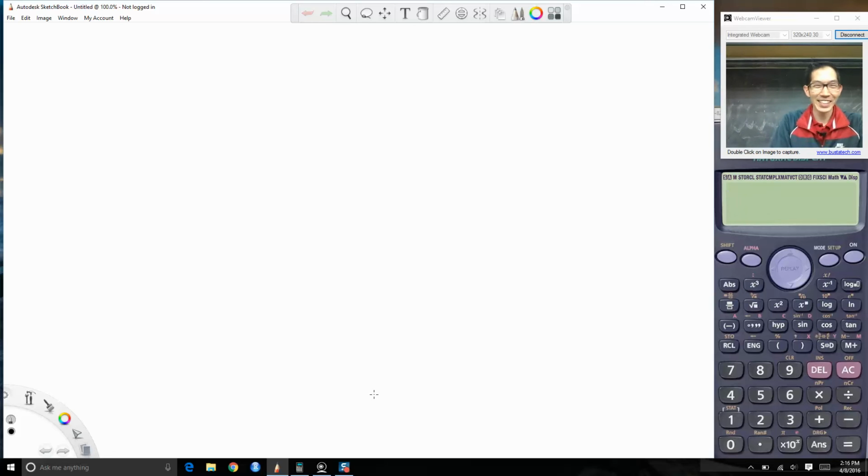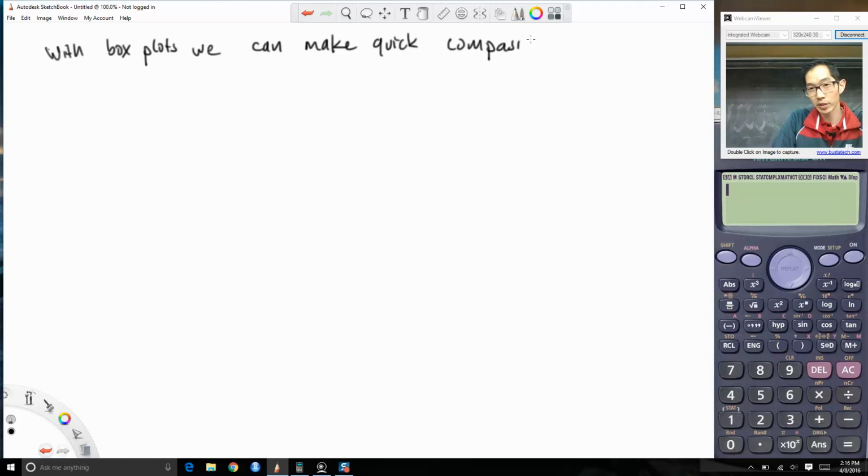And we can also make quick comparisons between groups of data with box plots.